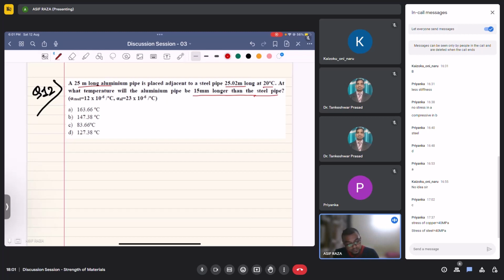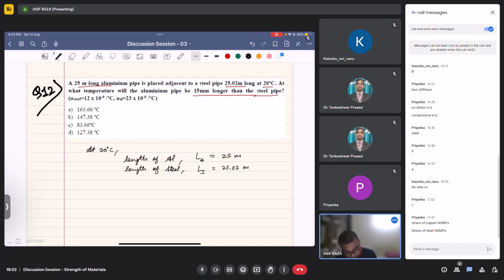Okay, so let's do this. We are given the condition at 20 degrees Celsius: length of aluminium LA as 25 meter, and length of steel pipe LS as 25.02 meter.